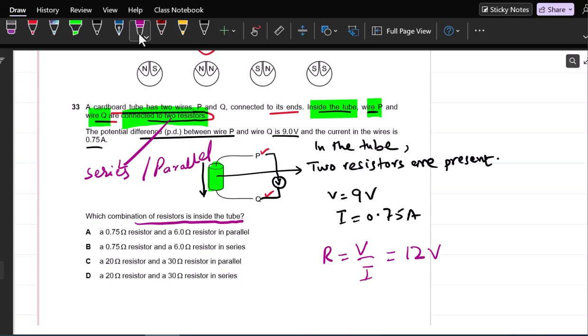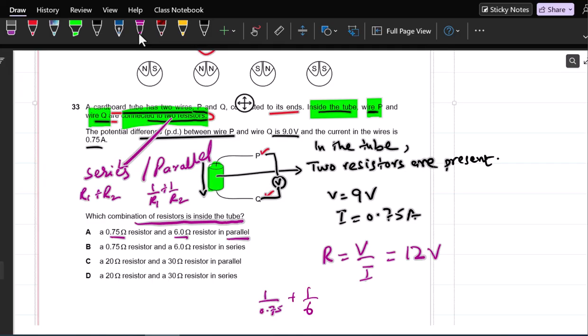In series, you add the two resistors. In parallel, you add the reciprocal of the two resistors and then you solve for the total resistance.